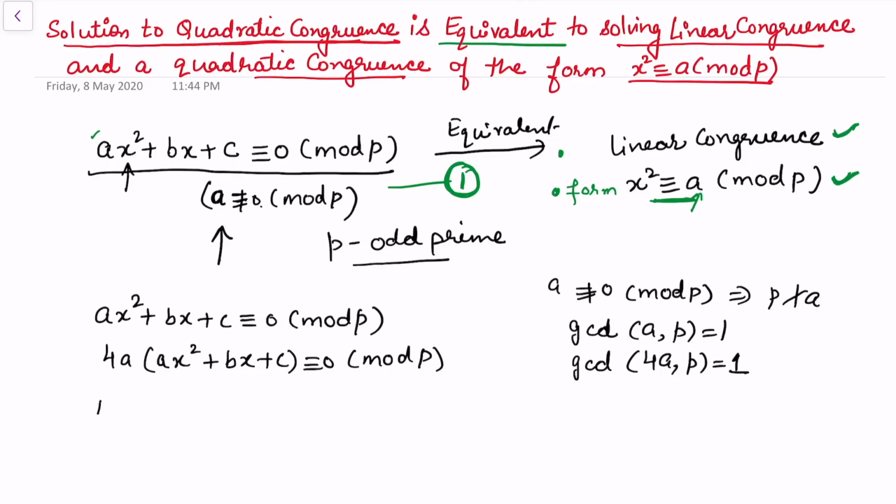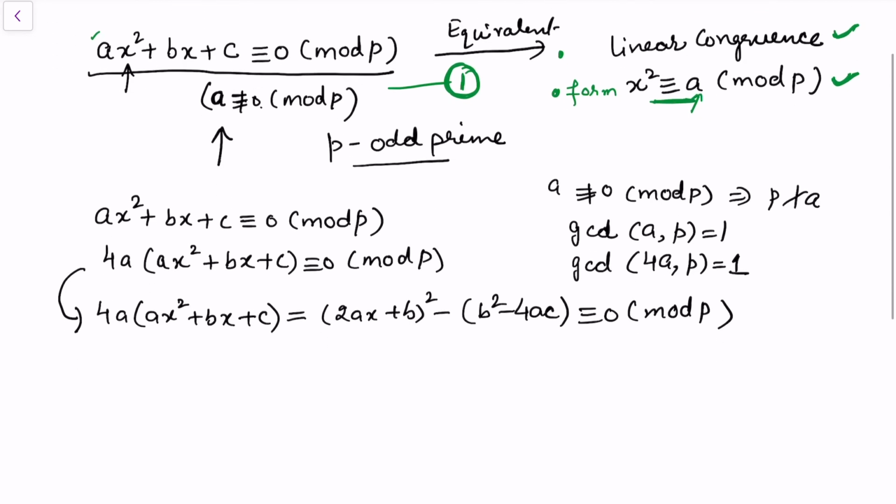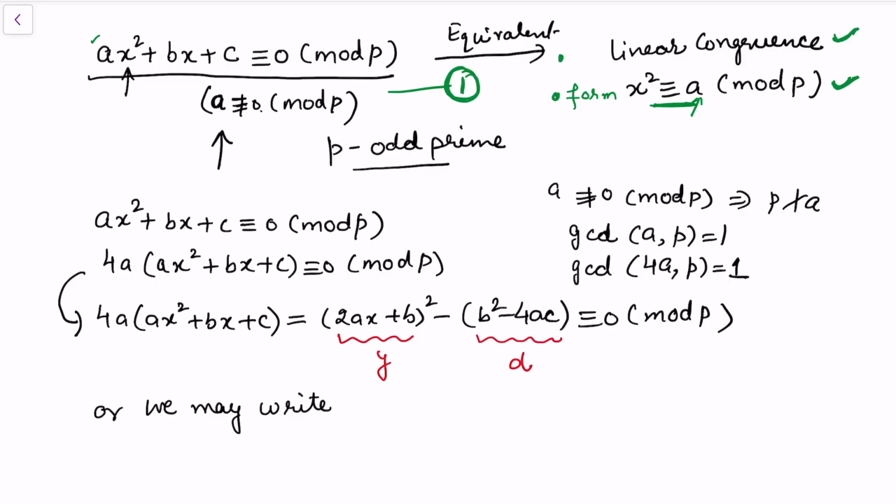So this quantity 4a times ax square plus bx plus c is the same as 2ax plus b whole square minus the usual discriminant quantity, b square minus 4ac, congruent to 0 modulo p. We rewrite this quantity as a perfect square. Let me call the constant quantity d. So we may write 2ax plus b whole square minus b square minus 4ac congruent to 0 modulo p.